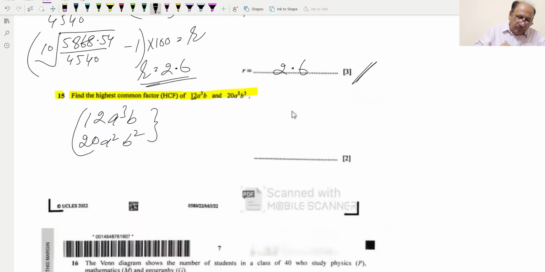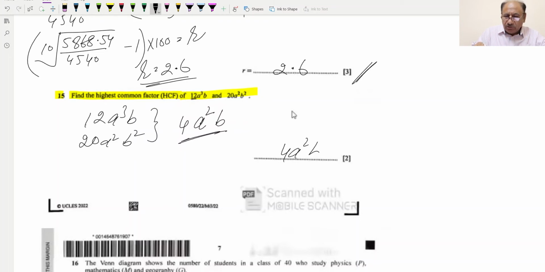The maximum which we can take common is 4, because both 12 and 20 are divisible by 4, and similarly a squared and b will be the highest common factor. So we can write 4a square b. This is a 2 mark question which is done.